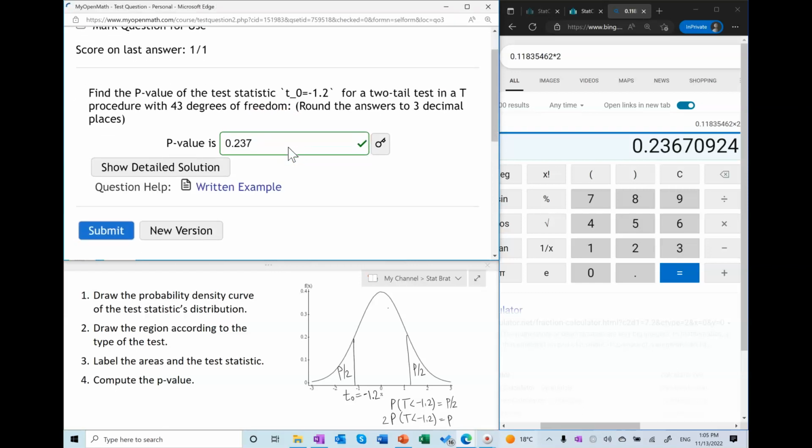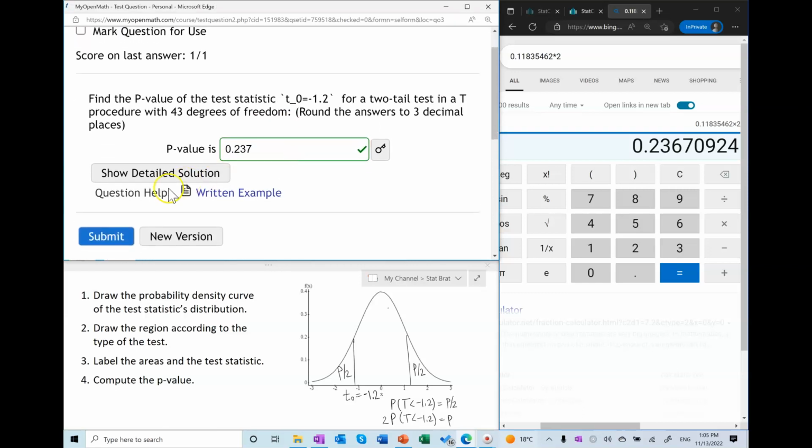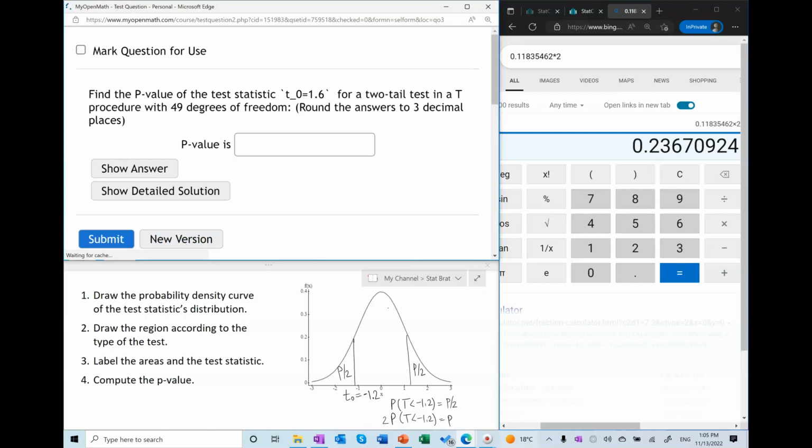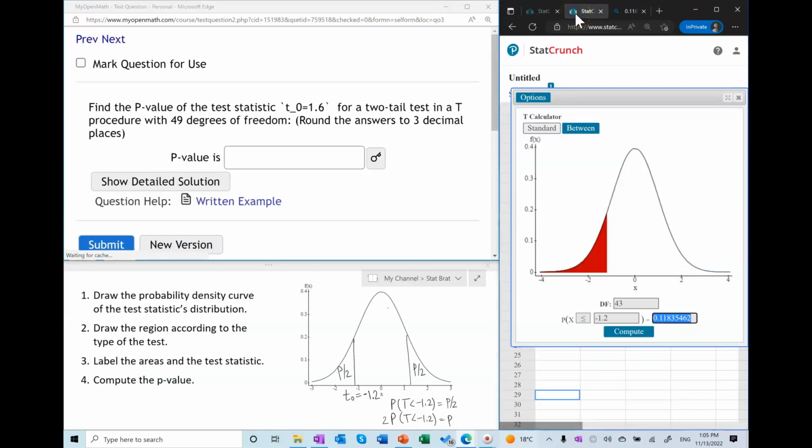So next, I'm going to do one of each type, and I'm going to try just to use technology and walk you through the thought process instead of drawing out the diagram. Here we have a two-tailed test with a test statistic 1.6.